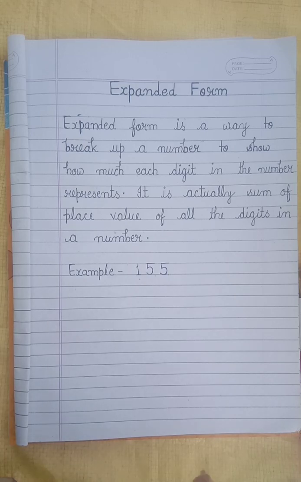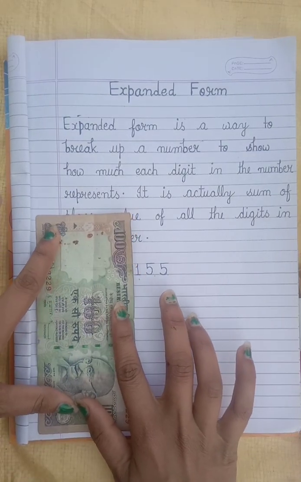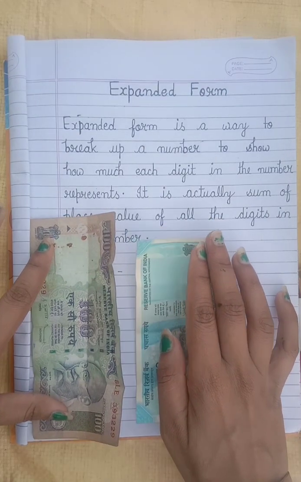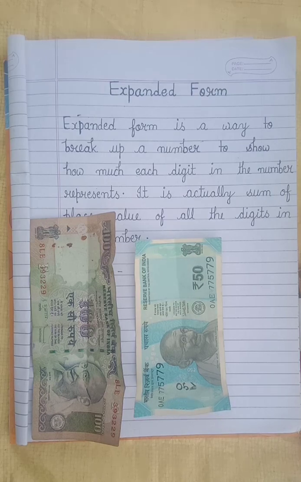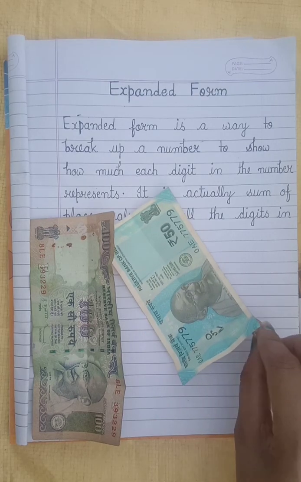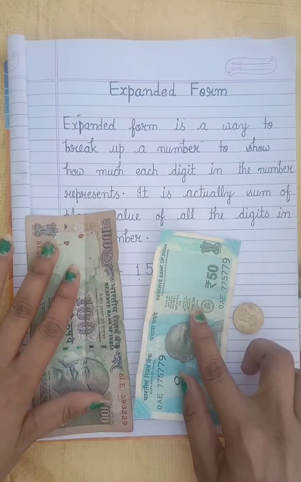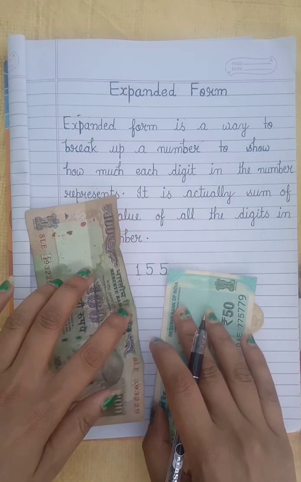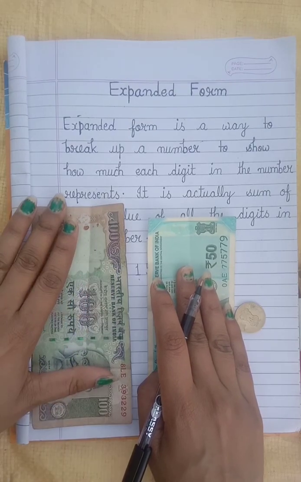Now mama has to pay the shopkeeper, so she searches her bag and pays the shopkeeper by giving him a note of rupees 100, another of rupees 50, and one more coin of rupees 5. So we have actually expanded the number 155.